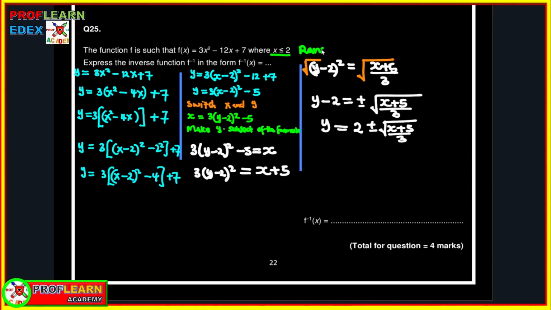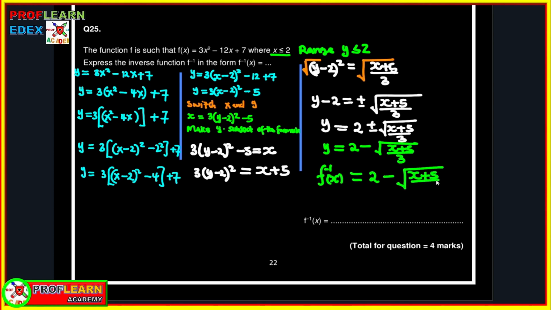From here, we can get the range, and the range of the inverse function is going to be, you change that x to y, y is less than or equal to 2. So we're going to use minus because we want to be less than. So we are going to use minus at that given point, and this finally becomes our inverse function.